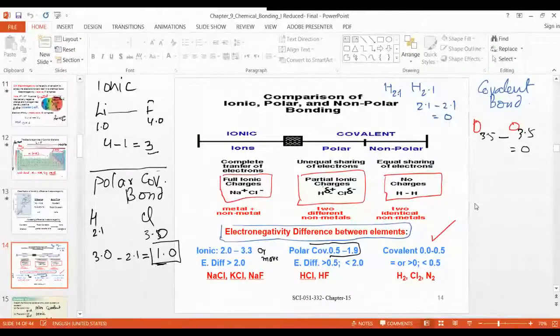From 0 to 0.5 is covalent, 0.5 to 1.9 is polar covalent. These are the differences. And from 2 to 3.3 or onwards, that is an ionic compound.